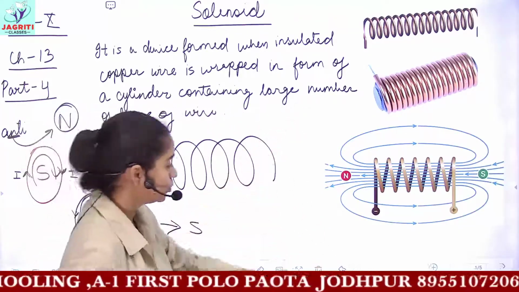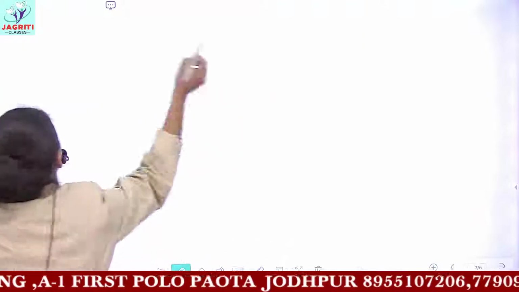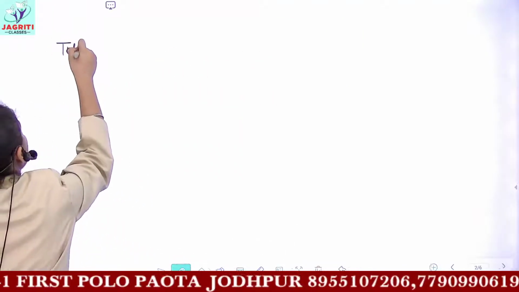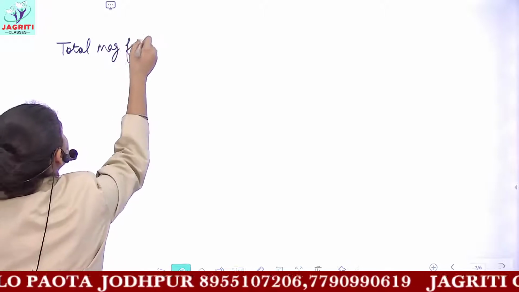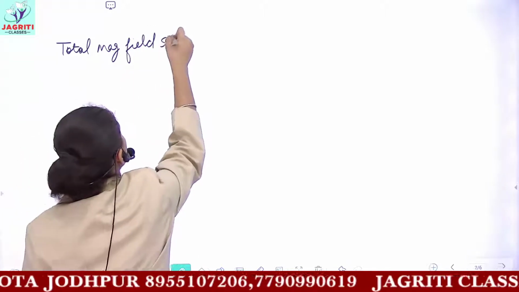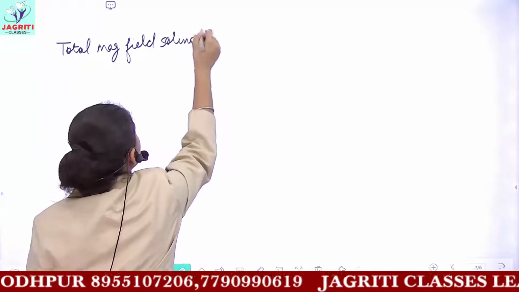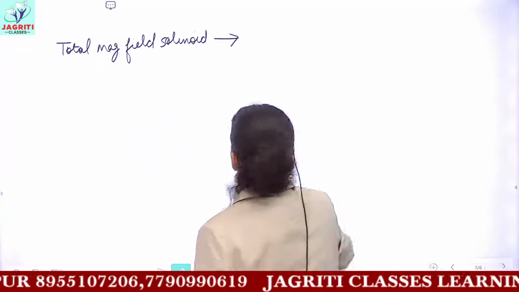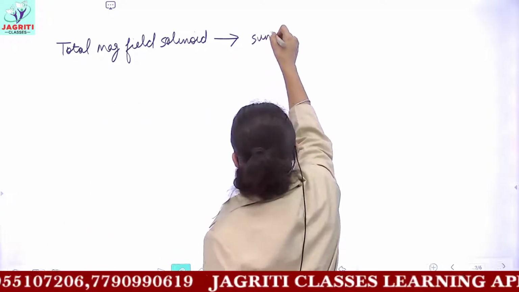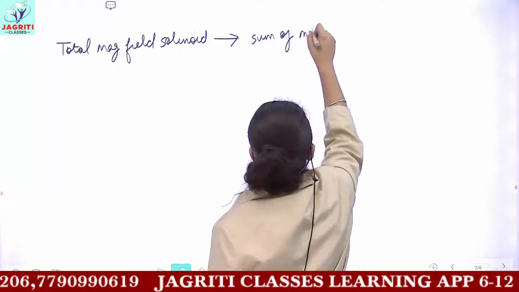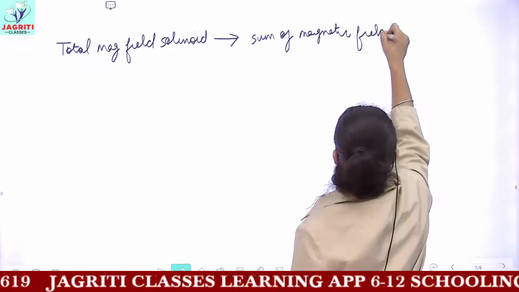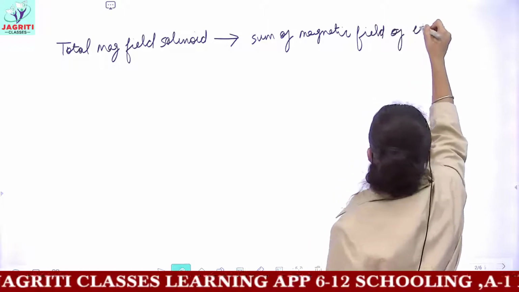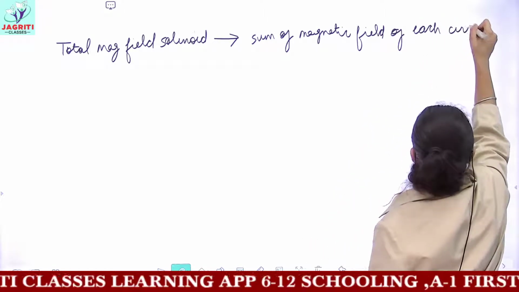So if I am required to find the total magnetic field passing through a solenoid, then this would be equal to the sum of the magnetic field of each circular loop.